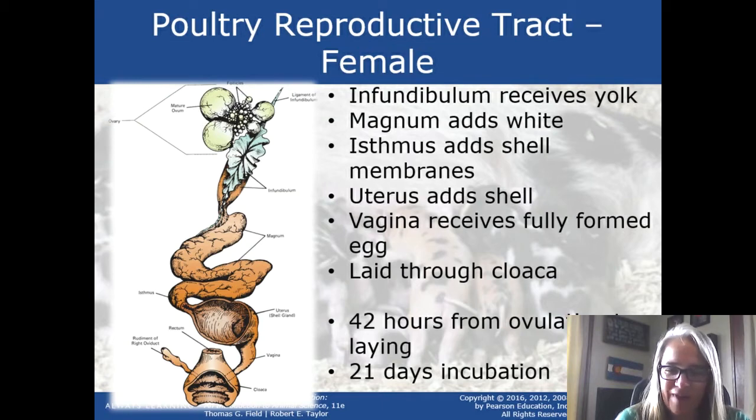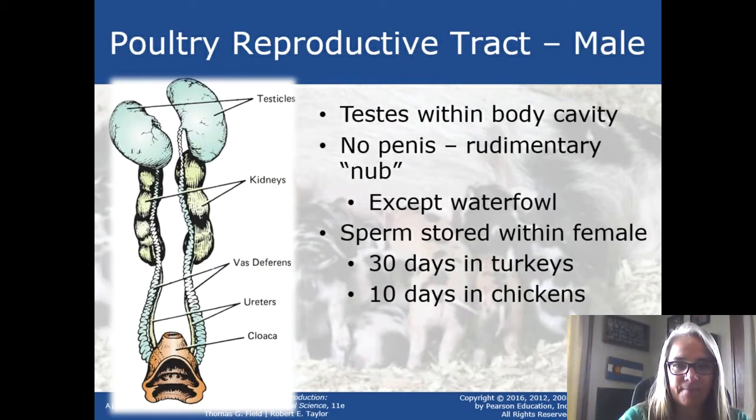It takes 42 hours from the ovulation that creates the yolk to when the egg is laid. And if that egg is to be incubated, either by the heat from the hen or from an incubator, that takes at minimum 21 days.